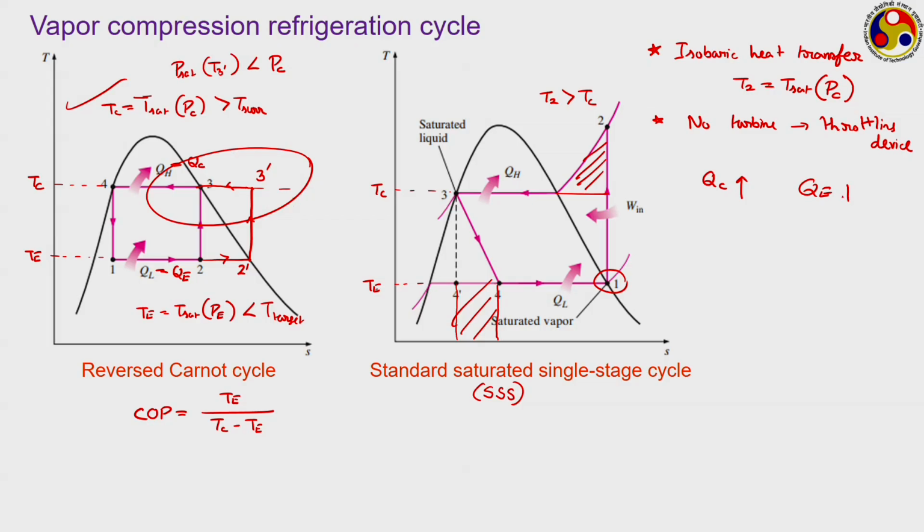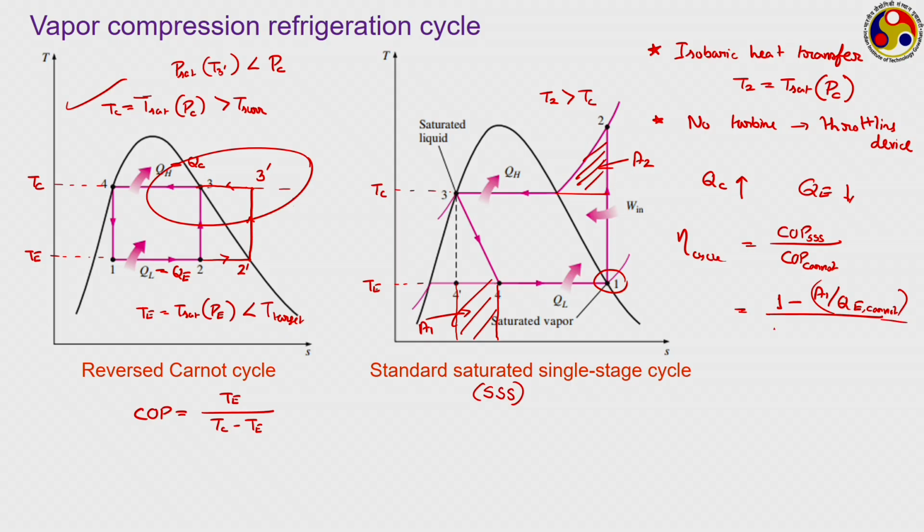So, for QE there is a reduction, and if we call this area A2 and this area A1, to be consistent with our notation in the previous lecture, then we have seen that the eta for this cycle, which has been defined as COP for the SSS cycle divided by COP for the Carnot cycle, was found to be 1 minus A1 divided by QE corresponding to the Carnot cycle, divided by 1 plus A1 plus A2 over W in corresponding to the Carnot cycle, the net work input I am talking about.